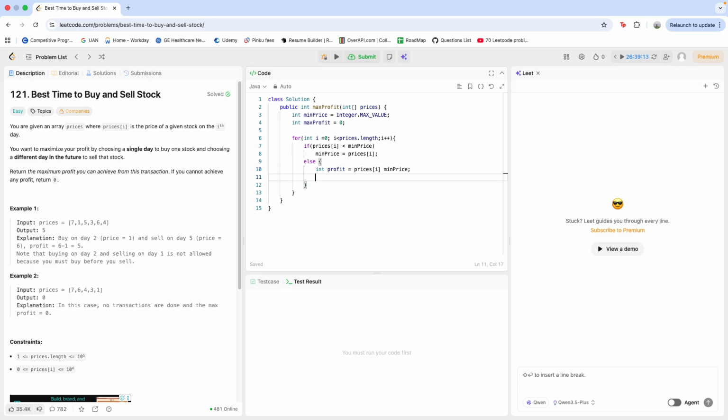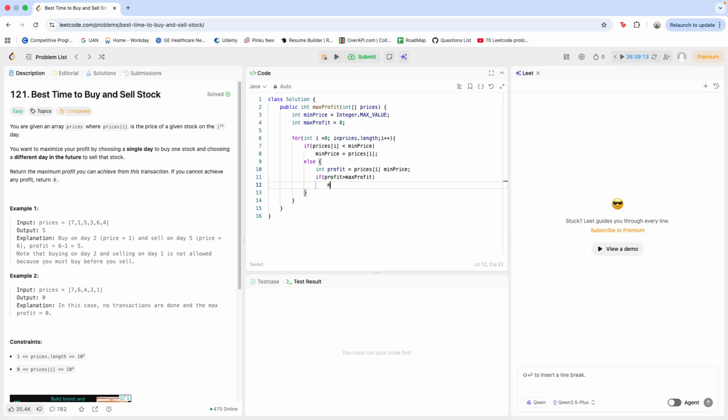I'll explain more about the code after some time. So this is nothing but checking for the max profit: if our current profit is greater than the max profit, then we update the max profit with our current value.